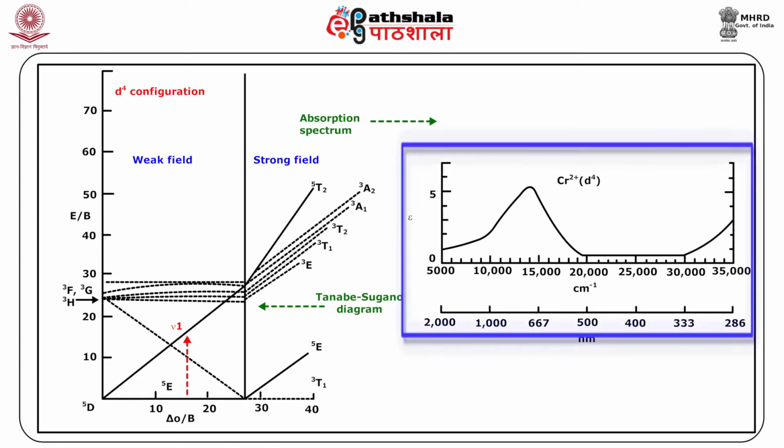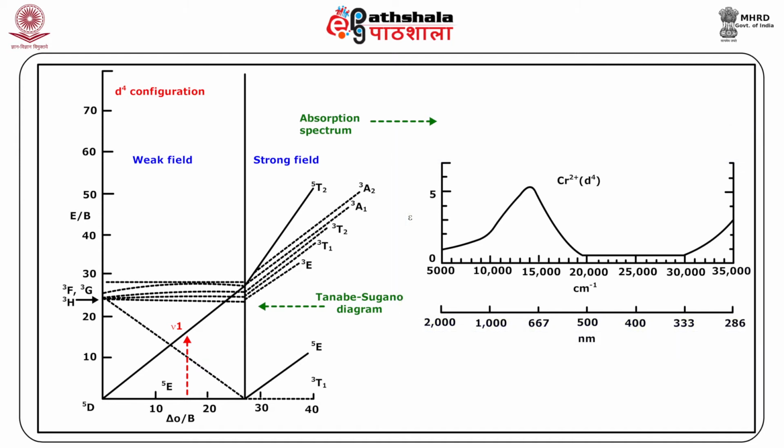The above diagram also illustrates the absorption spectrum for the chromium 2+ complex, which shows an absorption band at 14,100 centimeter inverse, corresponding to 680 nanometer. Since water is a weak field ligand, it can be said that for this complex, the left side of the Tanabe-Sugano diagram has to be considered.